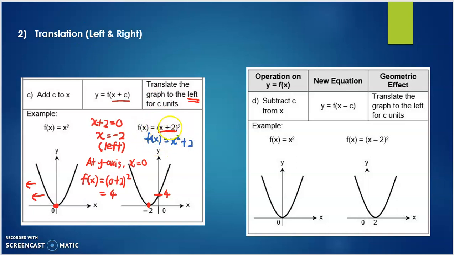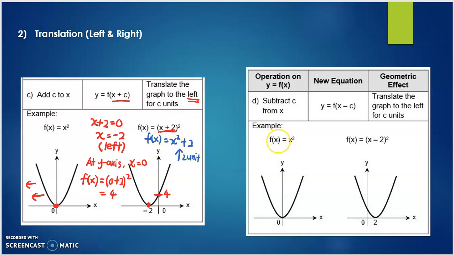You can see that the difference is obvious. This one moves up by 2 units, whereas in this example, it moves to the left by 2 units. So don't get confused with these two examples. One is (x plus 2) squared. The other one is f(x) equals x squared plus 2.